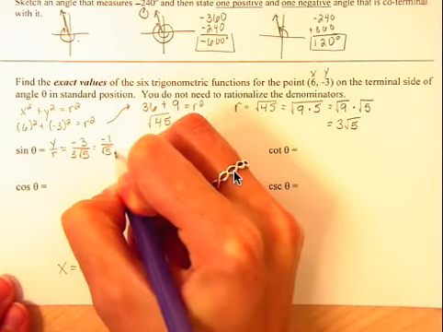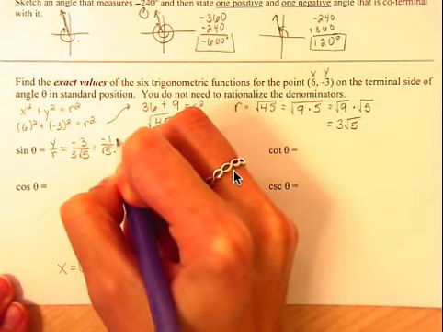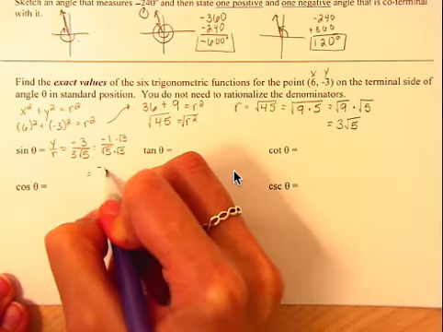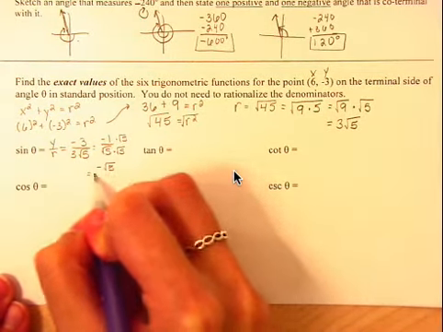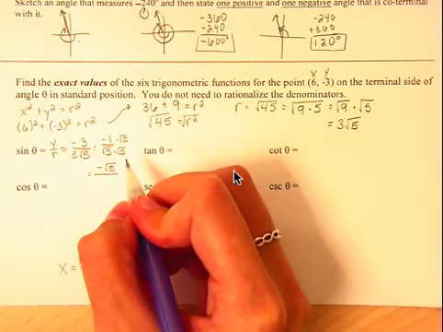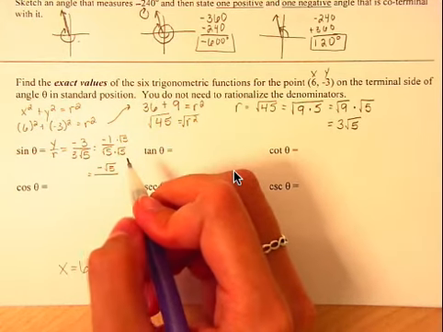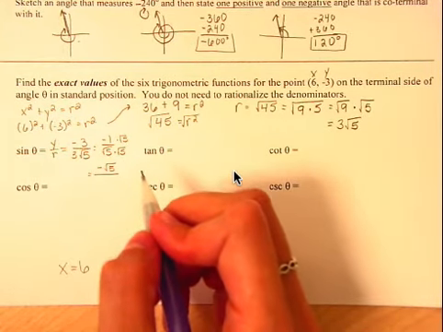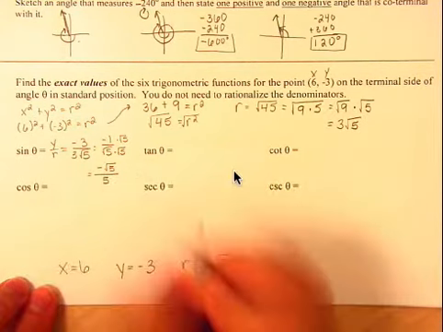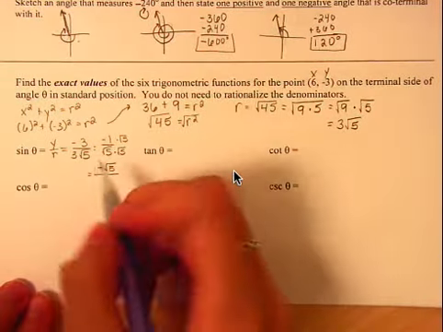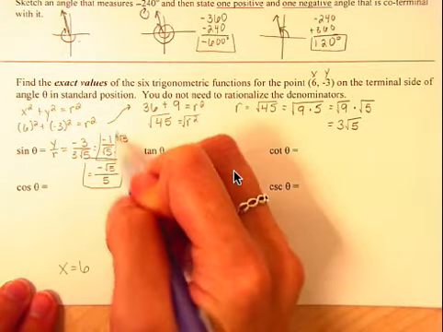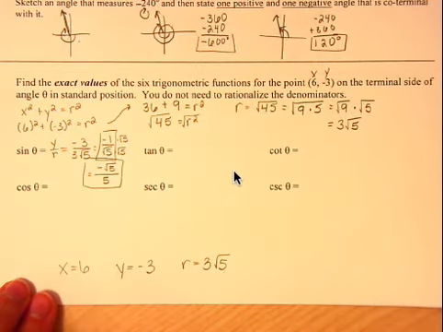So to rationalize this denominator, I multiply top and bottom by the square root of 5, and I get negative 1 times the square root of 5, divided by the quantity square root of 5 squared, and that just cancels out the square root, and I just get 5. So sine is negative square root of 5 over 5, or I would have accepted negative 1 over the square root of 5.